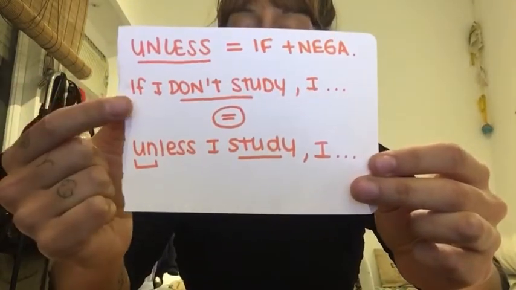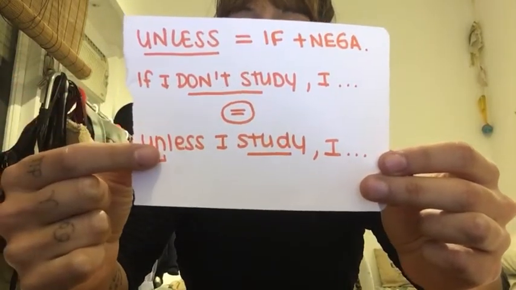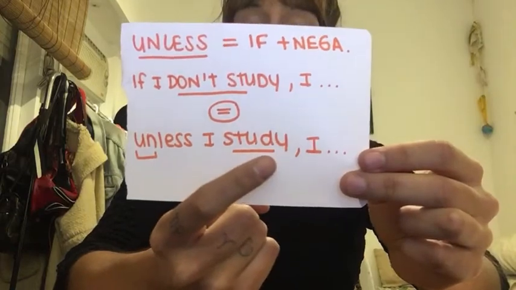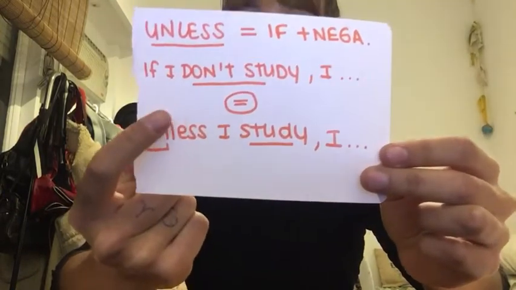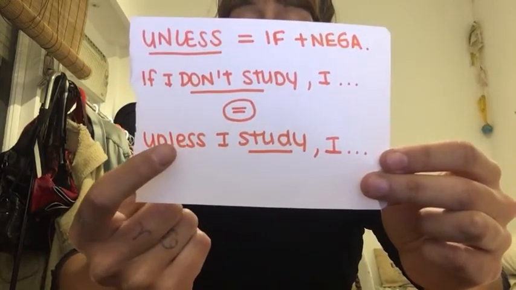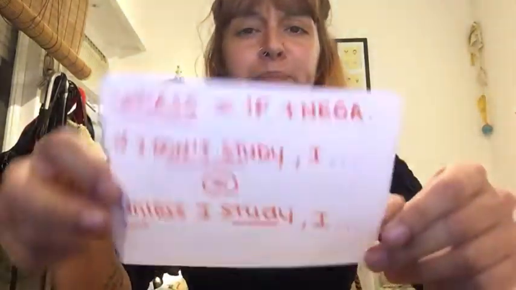So if plus a negative verb is the same as saying unless plus an affirmative verb. I can't use the negative here again because unless already has a negative part, okay? So that's why the following verb goes in the affirmative form, okay?